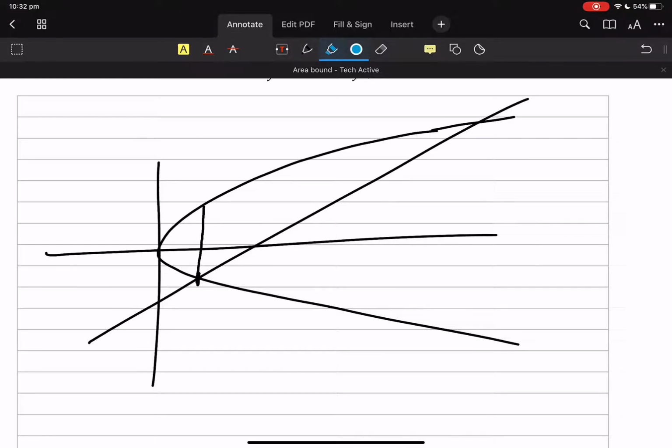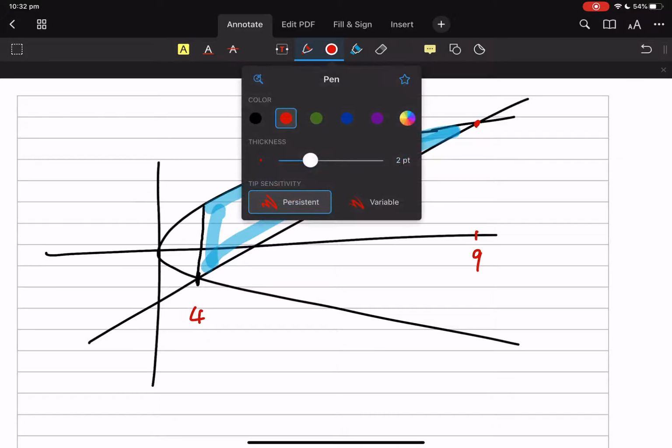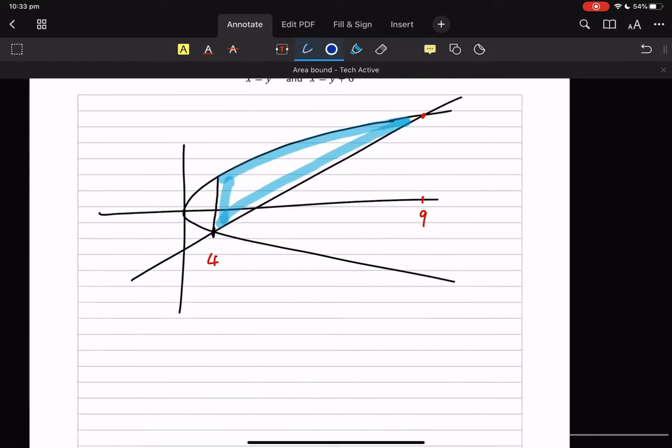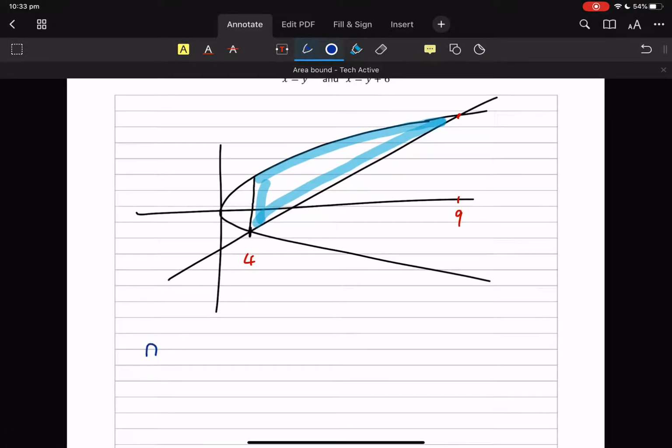So between, I think that was 4 and that was 9, all of that blue shaded area can be given by the integral from 4 to 9.